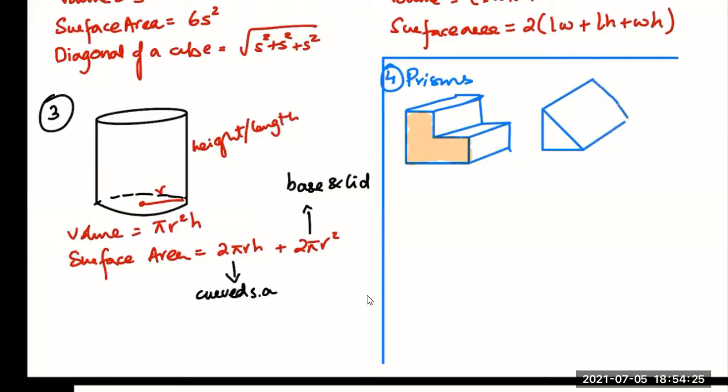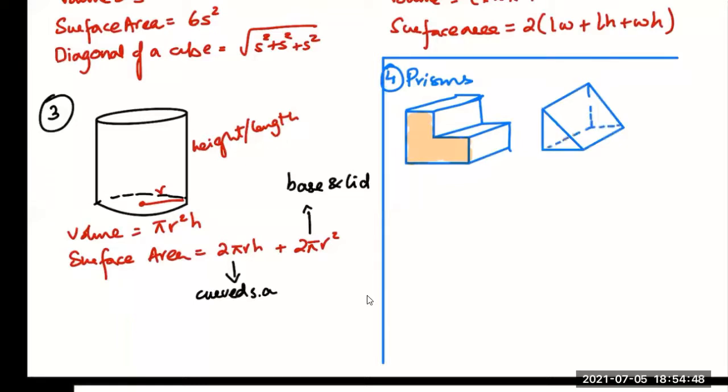Other concepts don't show as many different shapes, but prisms show up a lot. So this is another prism.